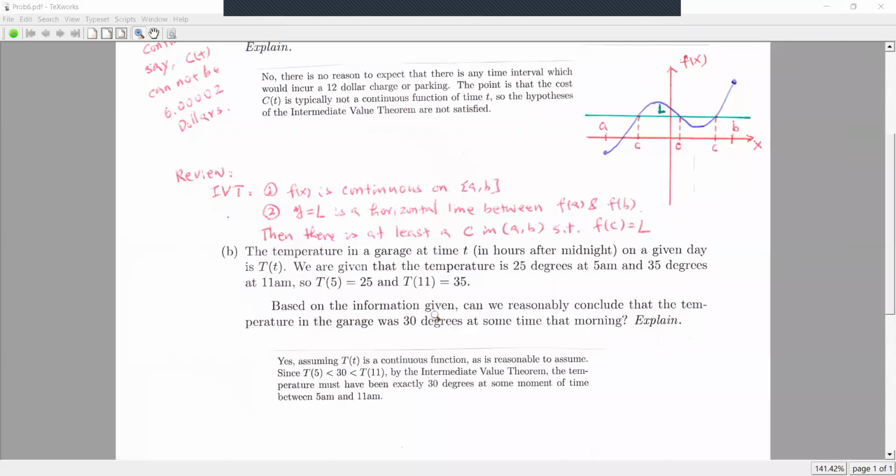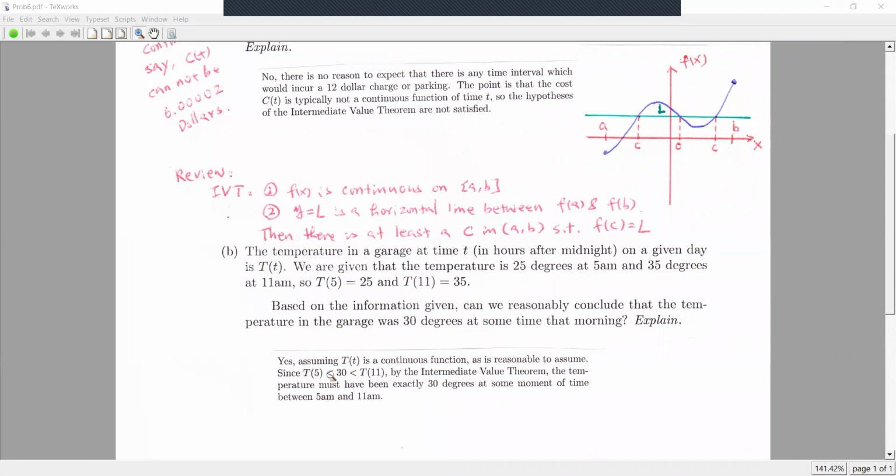Based on the information given, can we reasonably conclude that the temperature in the garage was 30 degrees at some time in the morning? Now, in the diagram, L is 30. The answer to the question is yes, because the temperature function is a continuous function.